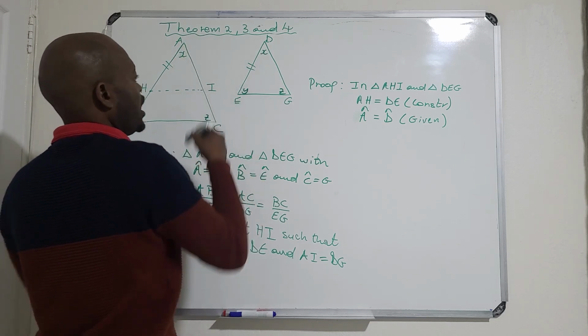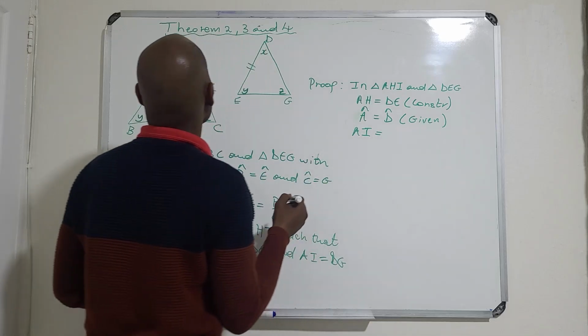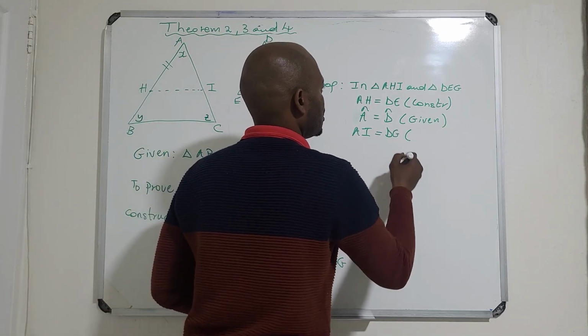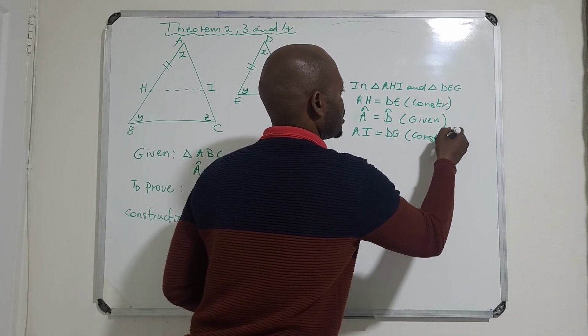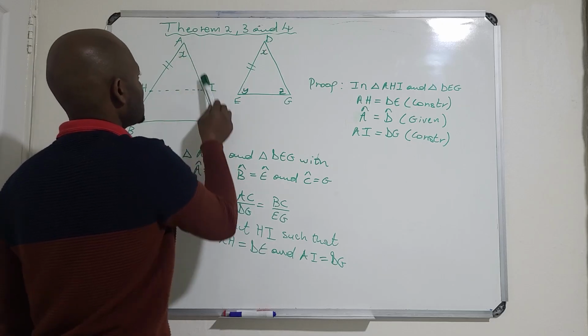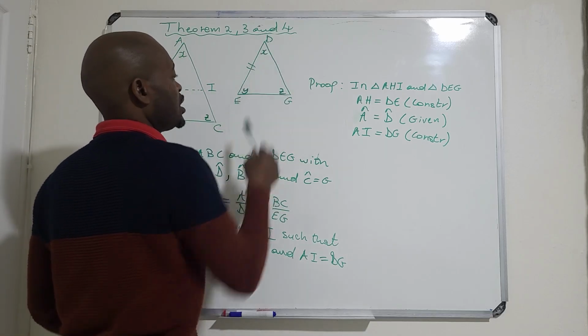Now, AI is equal to DG, which we have by construction. Now we've got side, angle, side. Therefore, the two triangles are congruent.